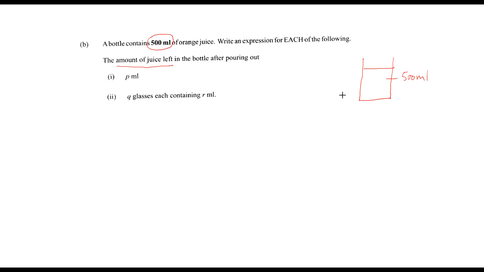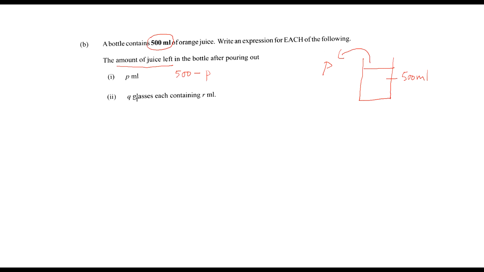We're going to pour out some, and they're asking us for the amount of juice left. So if you pour out P, then the amount left will simply be 500 minus P, because P is the amount that you would have poured out. So what is left is 500 minus P.